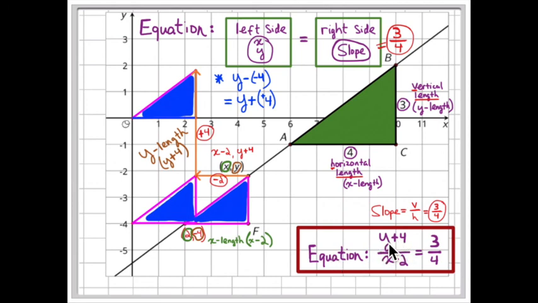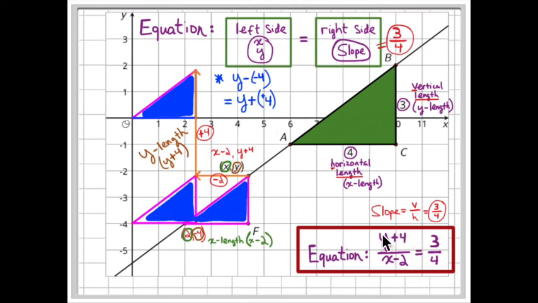It's the ratio of the vertical length, which is y plus 4, to the horizontal distance, which is x minus 2. I wrote the y plus 4 up here also.